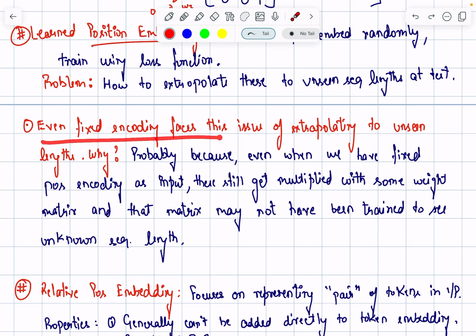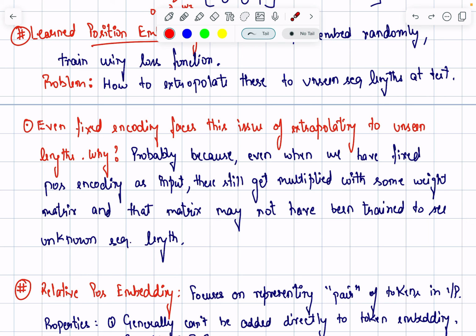Fixed encoding, that means fixed absolute encoding. For example, if you are learning the positional embeddings, you assume that there is a maximum length of the sequence L, right. Because you have to initialize those parameters to some random values and then train them, that means only those vectors that have been trained during training can be used during testing, right?